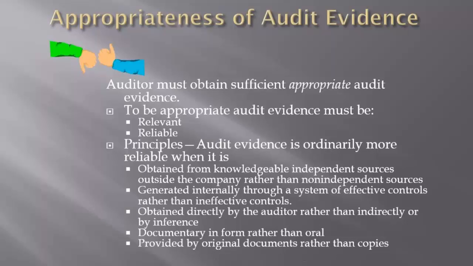It's usually more reliable when it's coming from independent sources outside the organization. It's gathered through a system of effective internal controls, which is why we are very interested in making sure that we have a strong understanding of the internal controls within the organization as we are completing the audit.